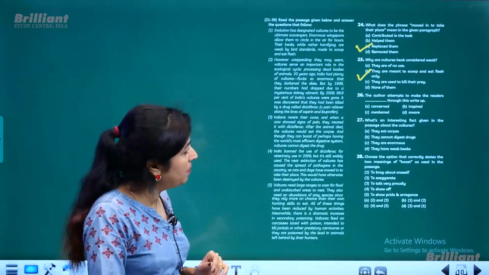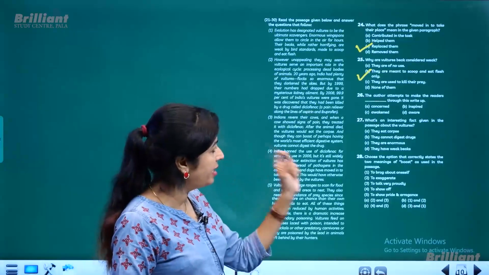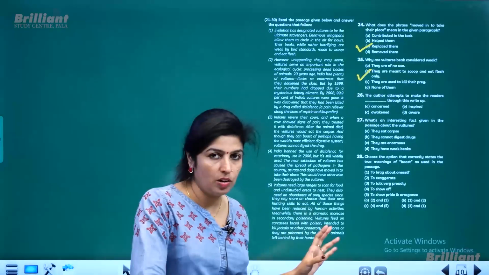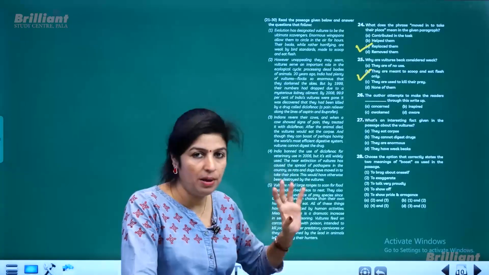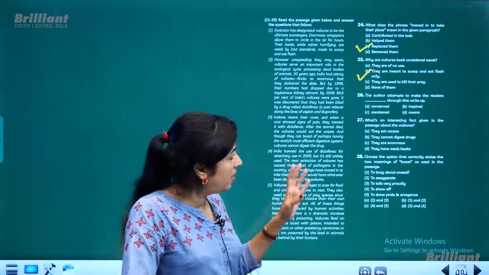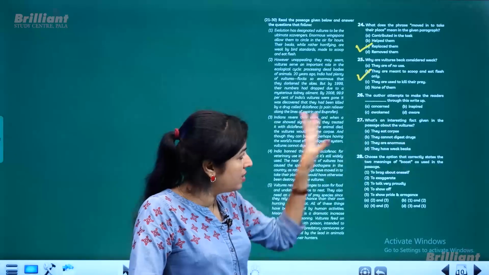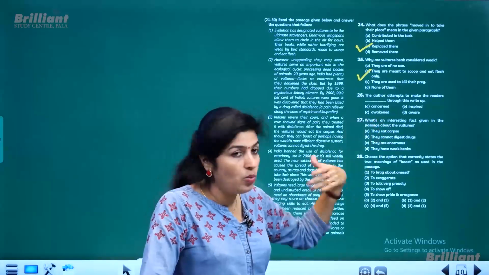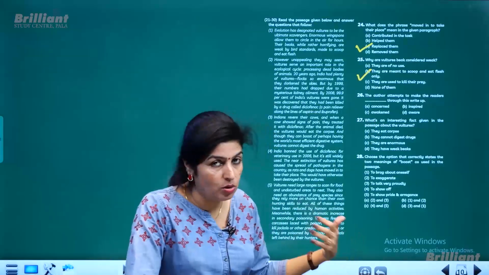The author attempts to make the readers dash through this write-up. That means, what is the purpose, the intention of the author when he has given a passage like this? Is it to show his concerns for this particular creature? No. Does he want to inspire us with this experience? No, it's not narrative.